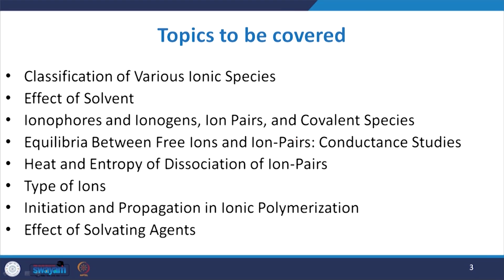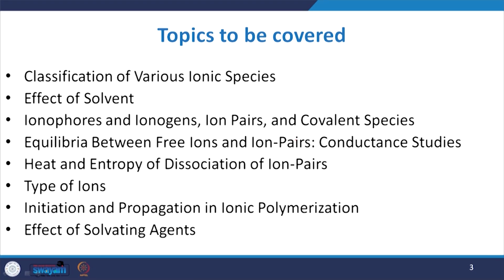We will discuss the equilibria between free ions and ionic pairs under the aegis of conductance studies. We will have a look at the heat and entropy of dissociation of ionic pairs. Since we are discussing ionic pairs, we will look at the different types of ions.